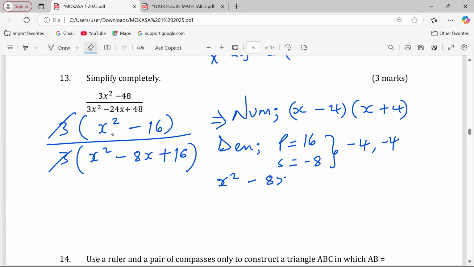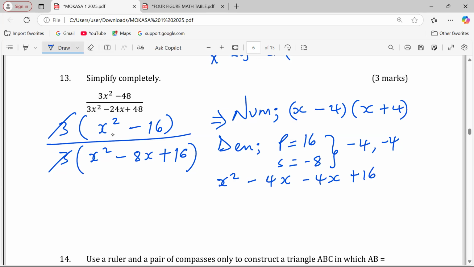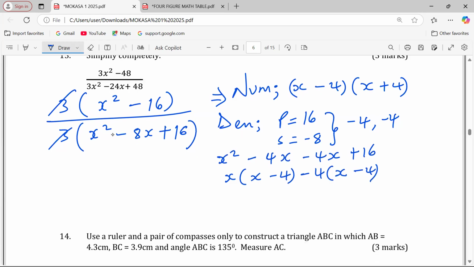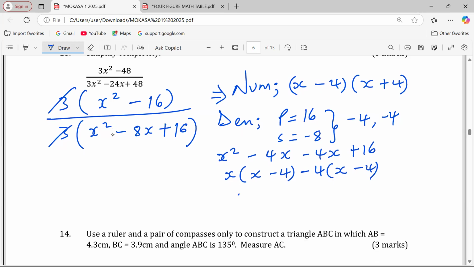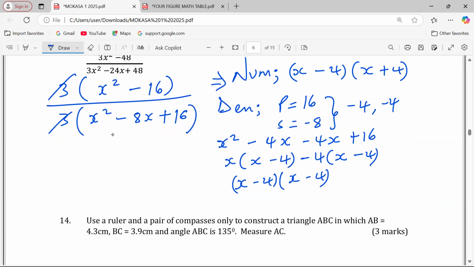Instead of 8x, we replace it with negative 4x and negative 4x, then plus 16. So from here, we can factor out x, then there is a negative 4. x minus 4 again. You see from the brackets we have x minus 4, and outside the brackets x minus 4. So this is the factorized denominator.